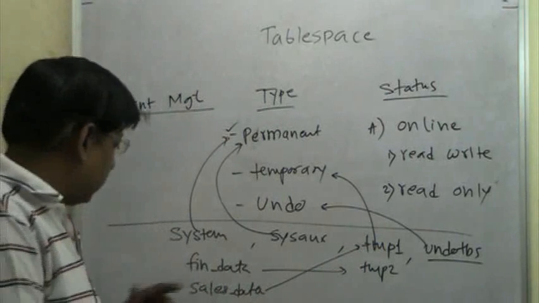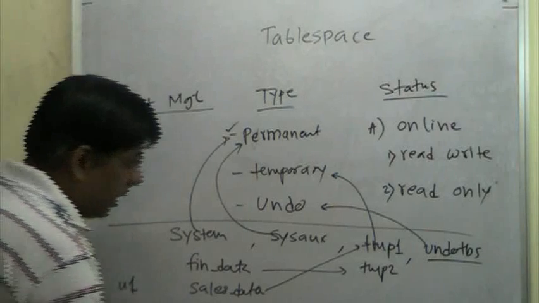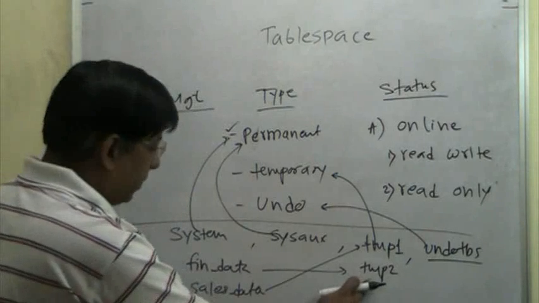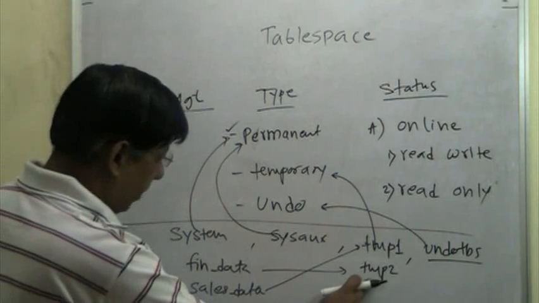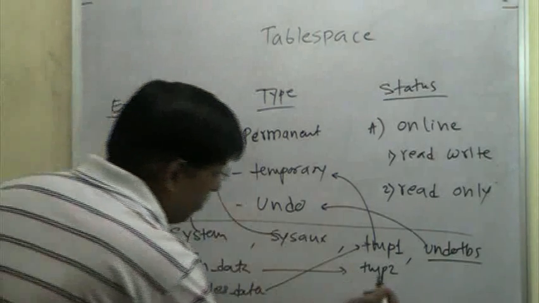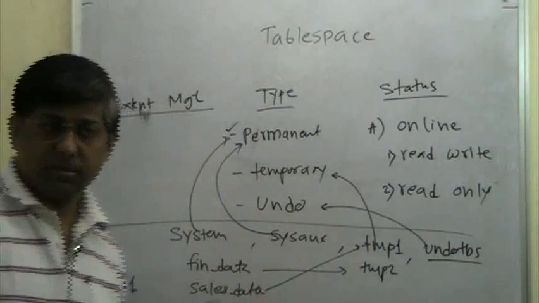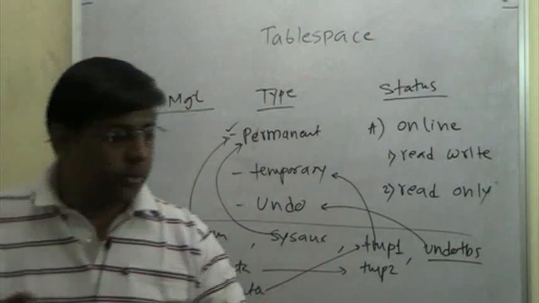So let us say there is a user called U1 who has been assigned temp2 as the temporary table space. Whenever he runs any queries, the temporary tables will be created in the temp2 table space for him. That categorization is usually done by the DBA.